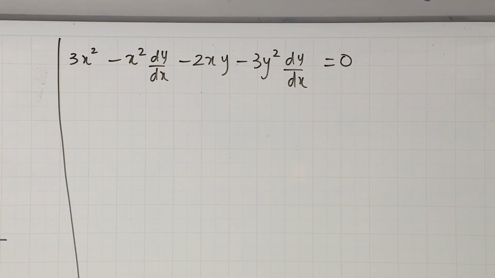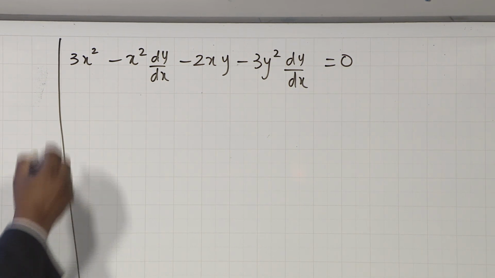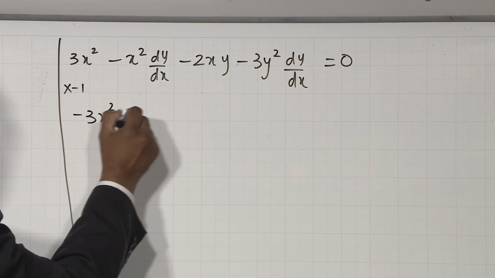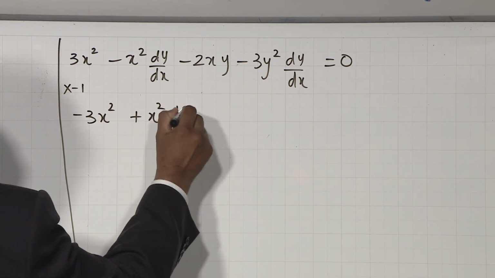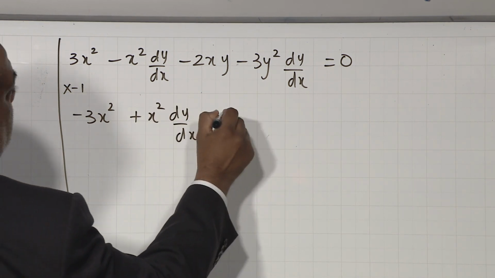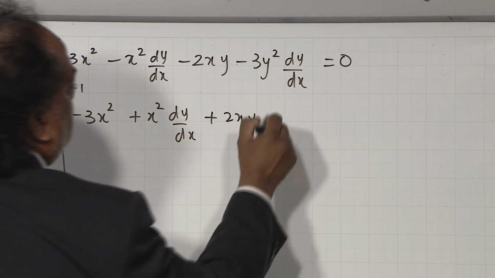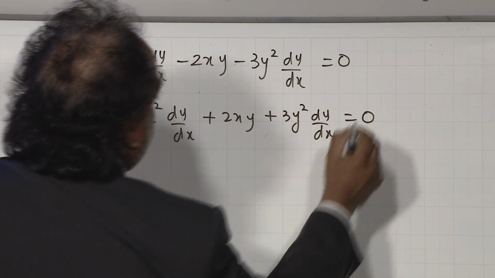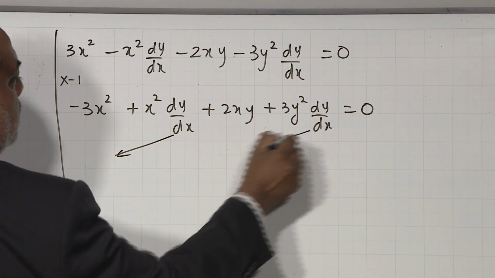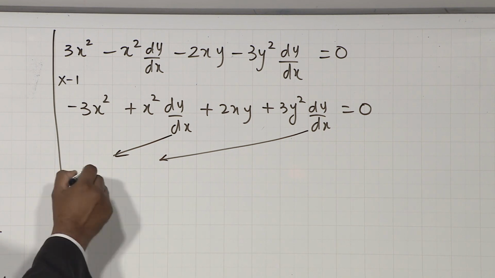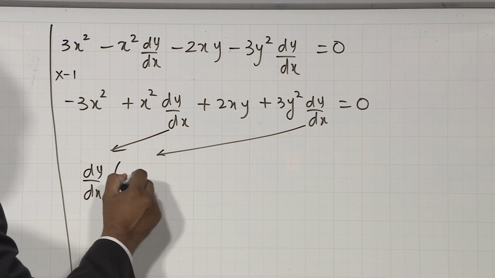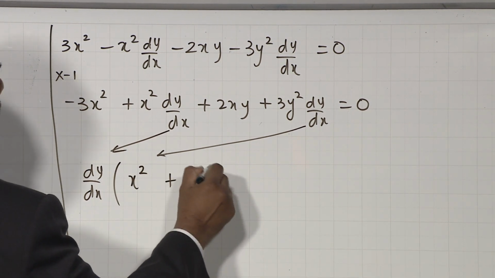And as usual, we are going to make dy by dx subject of formula. If you want, we can multiply everywhere by minus 1. So this is minus 3x squared plus x squared plus 2xy plus 3y squared dy by dx equal to 0. These are the two terms having dy by dx: x squared plus 3y squared.